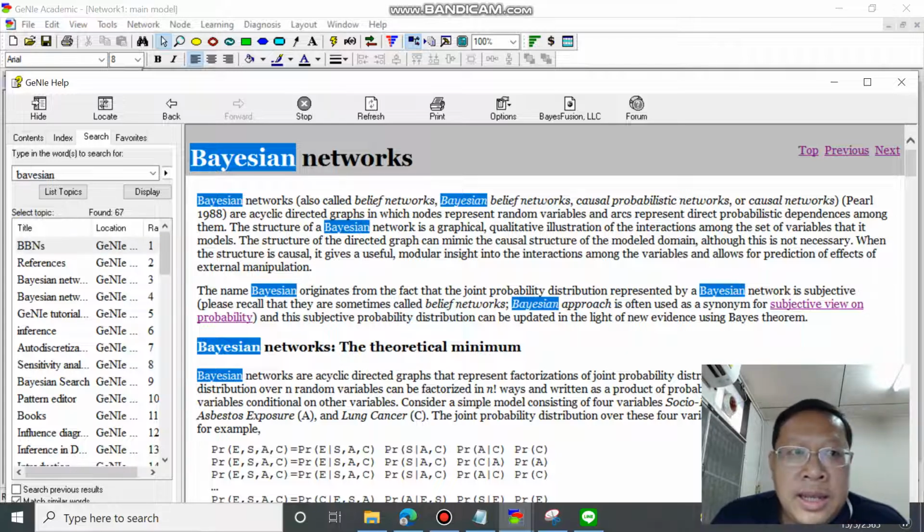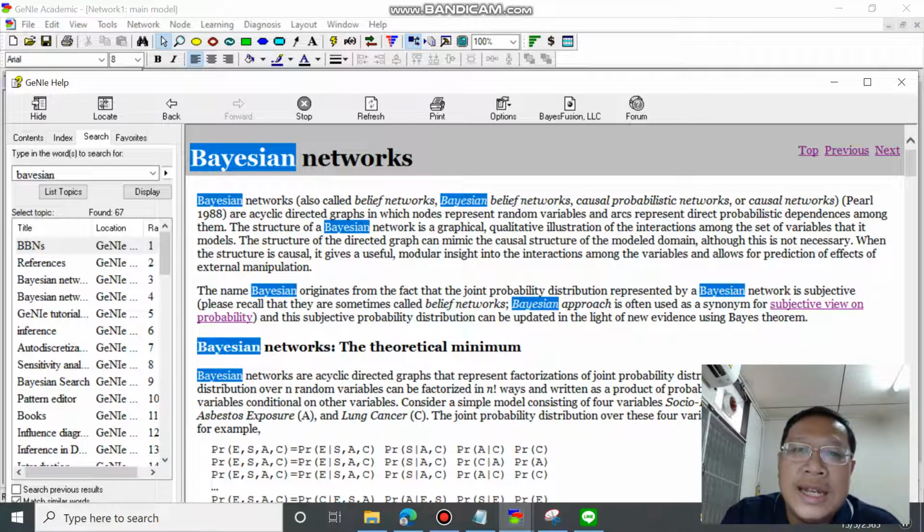In the Genie document, you can look for the theoretical concepts of decision-making theory by yourself. But I just want to recommend some important concepts for you when you want to apply Bayesian network or probabilistic model to solve specific business problems.